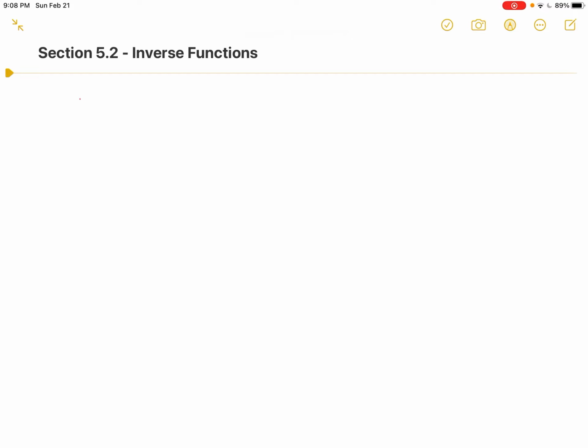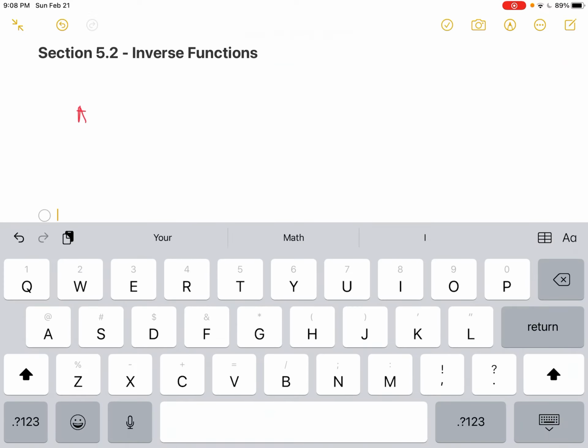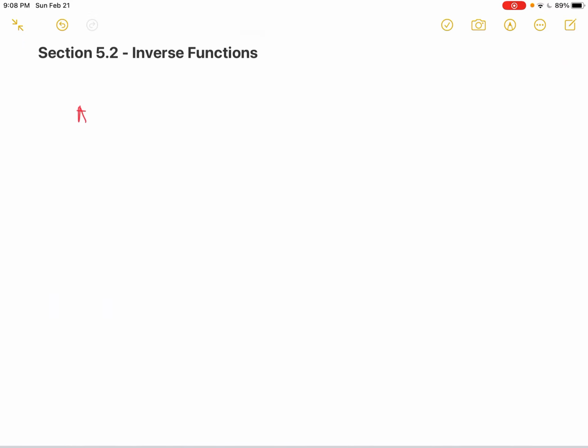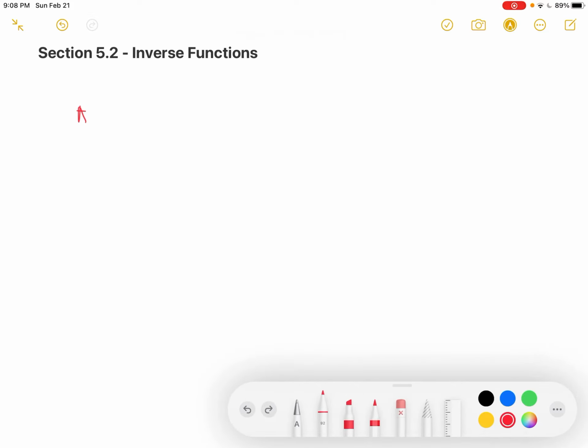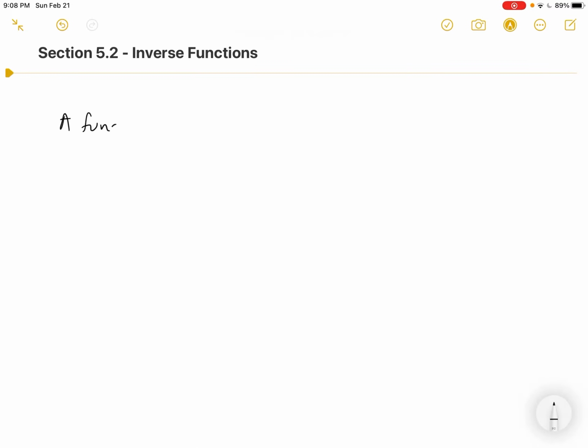functions. So a function has an inverse function only if it is one-to-one.